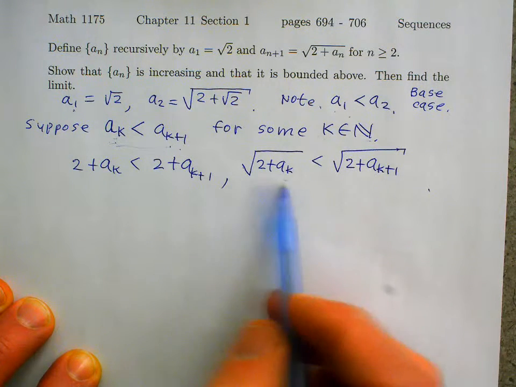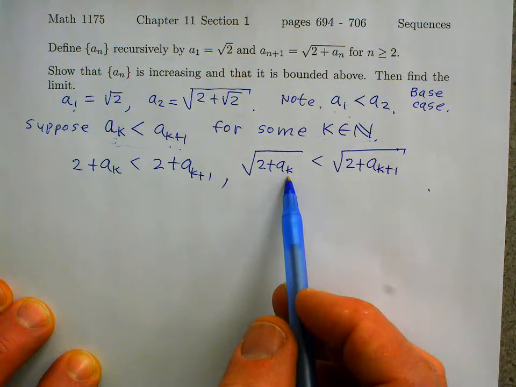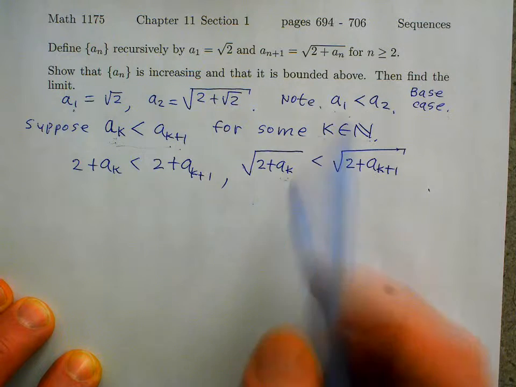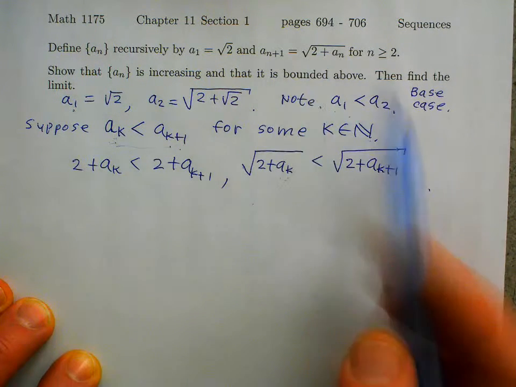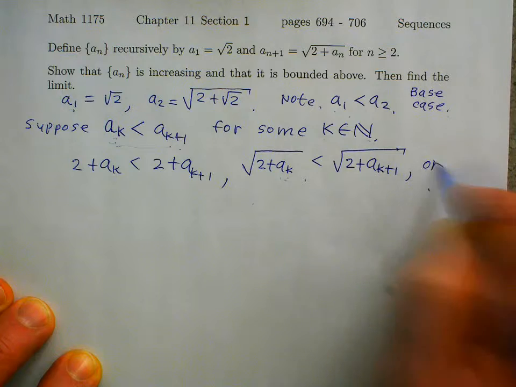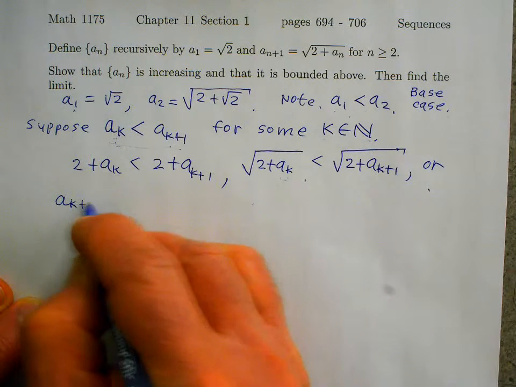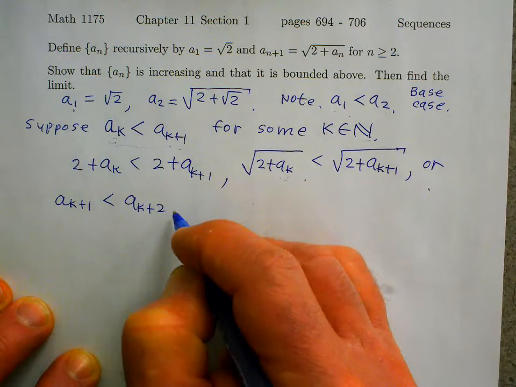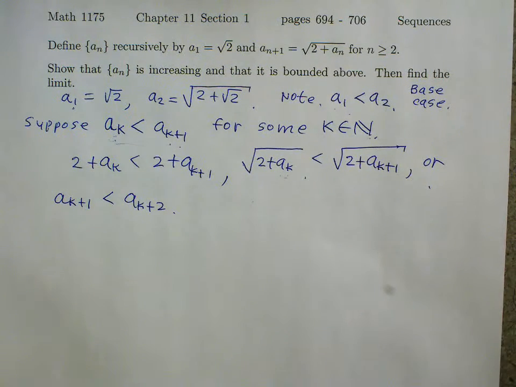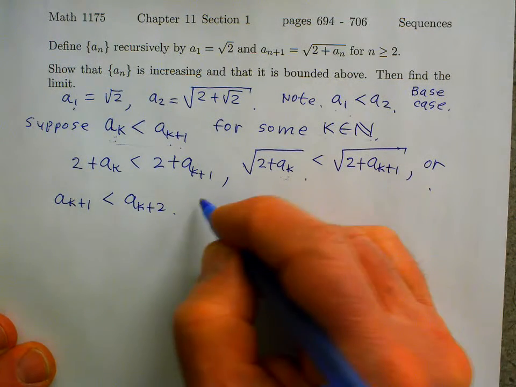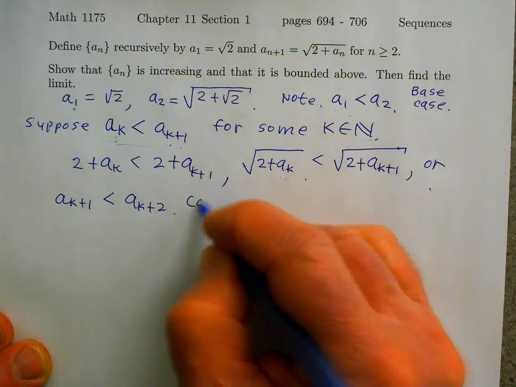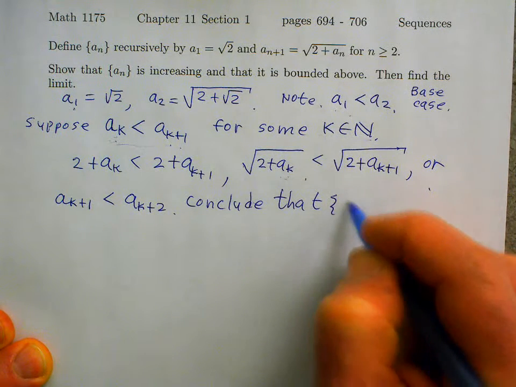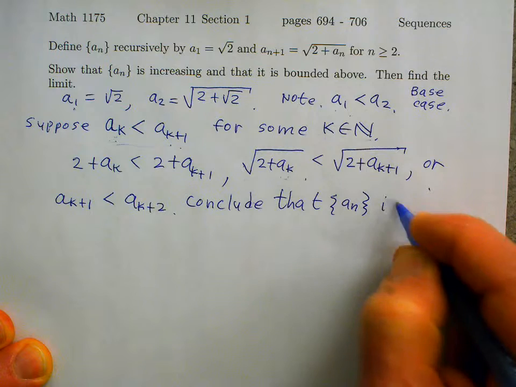But the square root of 2 plus a sub k is a sub k plus 1 by the recursive definition. So a sub k plus 1 is less than a sub k plus 2. So we can conclude by the inductive argument that this sequence a sub n is increasing.